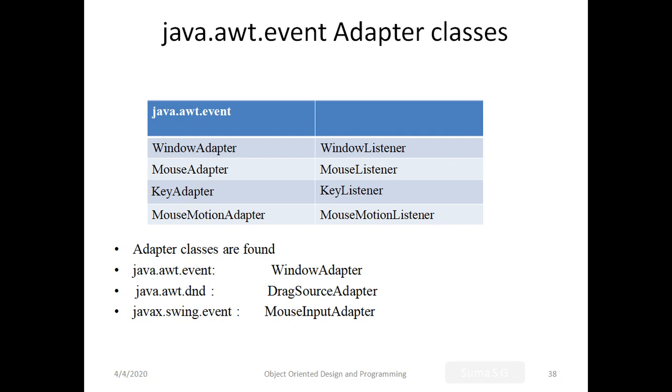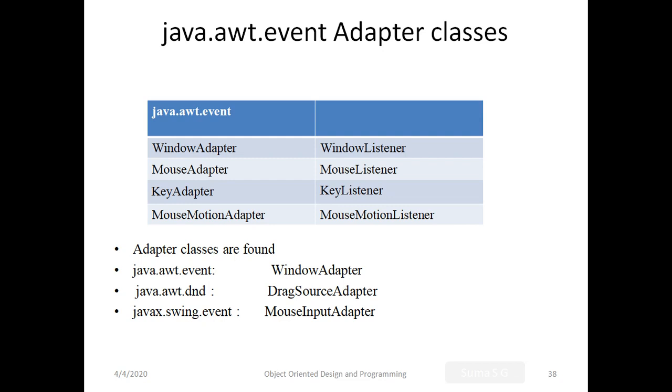Corresponding to each listener, there is an adapter class, right? The java.awt.event package contains the following adapter classes. Some examples: WindowAdapter is the adapter class corresponding to WindowListener. Corresponding to MouseListener, there is the MouseAdapter class. For KeyListener, there is the KeyAdapter class. For MouseMotionListener, the MouseMotionAdapter class.